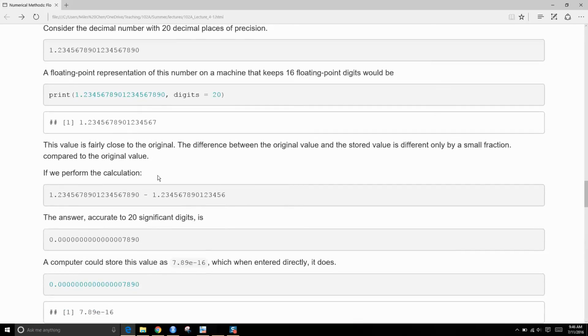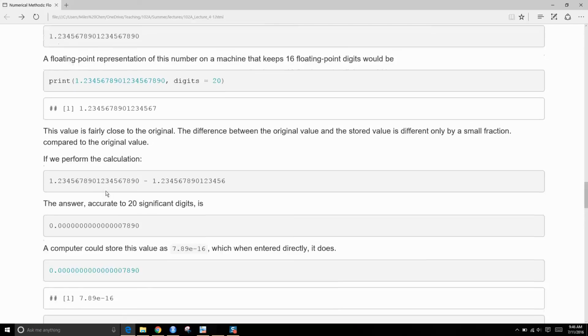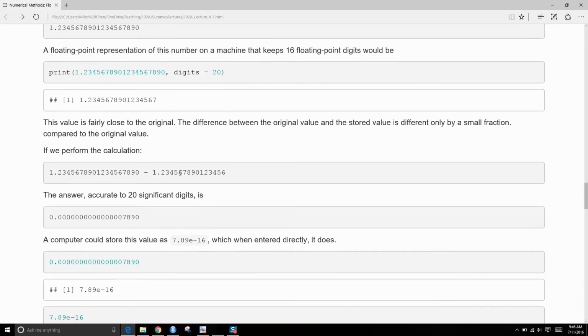And so let's say I want to subtract this number from this number over here, okay? Basically it's the same number where I'm leaving off 7890. Both of these numbers can be represented just fine. Mathematically, we would know that this minus this would be a whole bunch of zeros and then 7890.